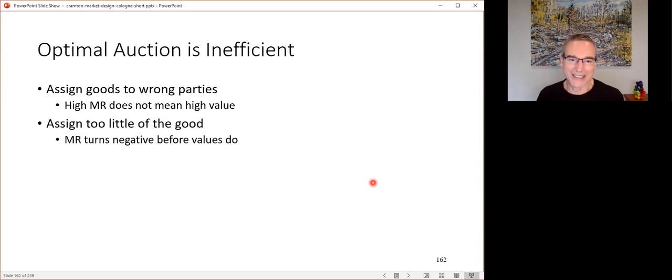For efficiency, I assign in order of marginal value, but there's no direct relationship between marginal value and marginal revenue. And secondly, I'm going to be assigning too little of the good because marginal revenue is going to turn negative before marginal value does. And so I'm going to stop assigning the good. I'm going to withhold some of the good.